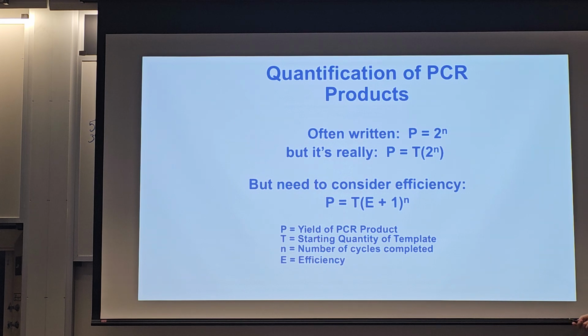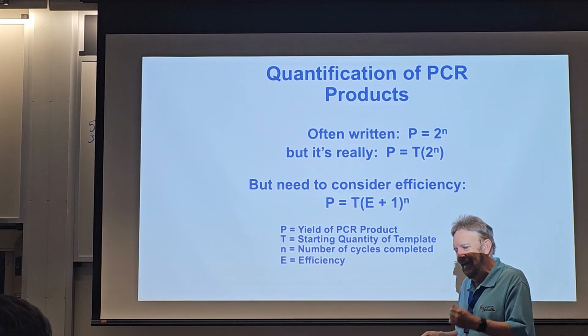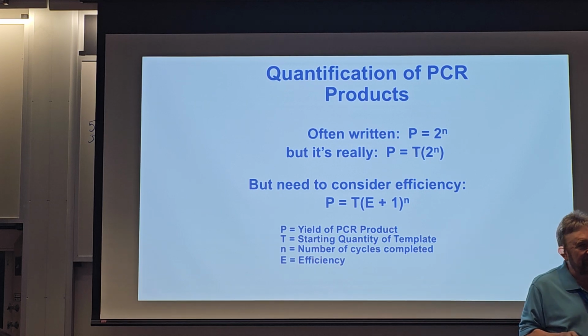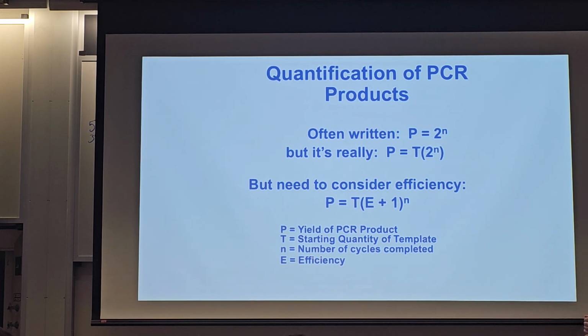One of the things about PCR is that as you go along in the cycles, you're not getting 100% efficiency at every cycle. At the first cycle, you might get 100% efficiency, but then at the next cycle, 98%, and then 97%, and then 96%, and then 95%. So we also have to include efficiency.